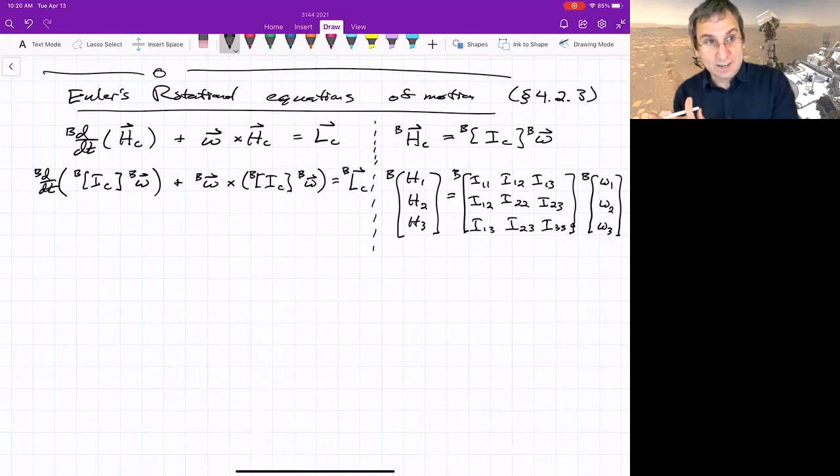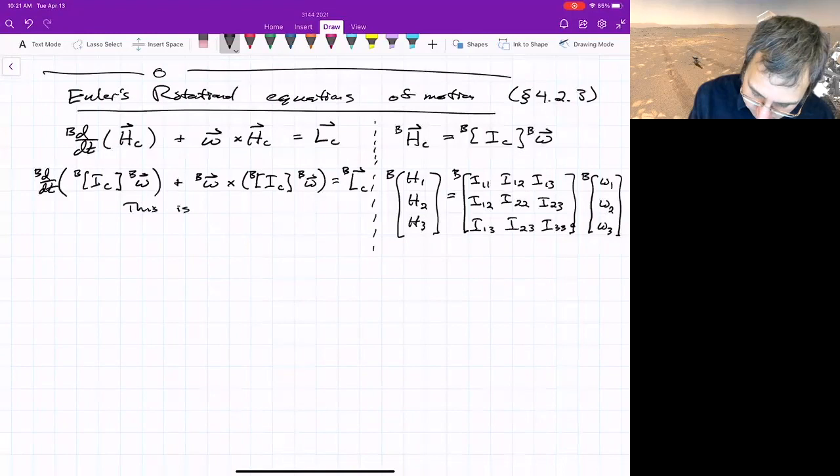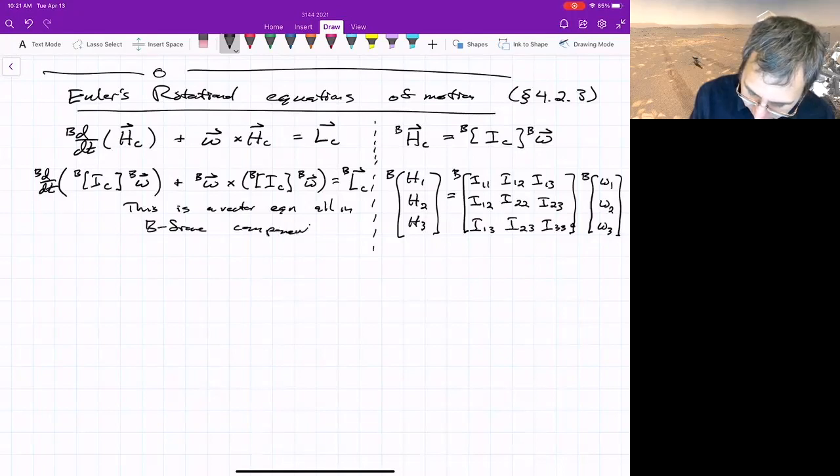We could also write that in the body fixed frame. So this is an equation where everything is written in B frame components.